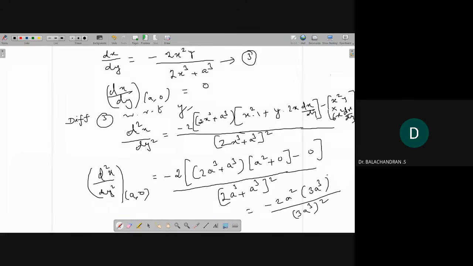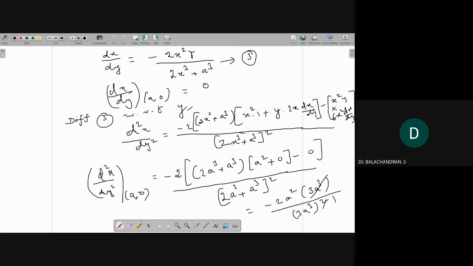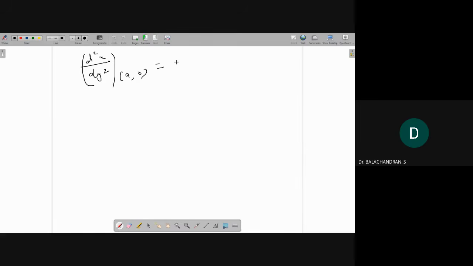Now I'm going to cancel one 3a cube. So minus 2a square by 3a cube. That is nothing but minus 2 by 3 into 1 by a. So d square x by dy square at the point a comma 0 is equal to minus 2 by 3a.